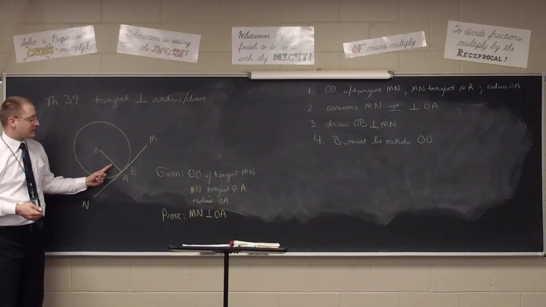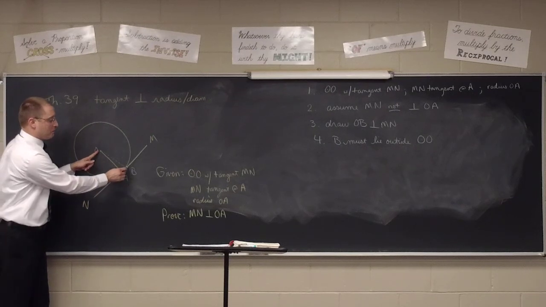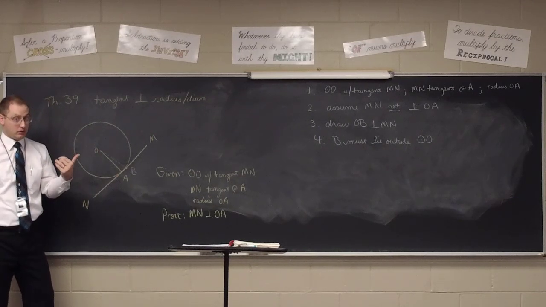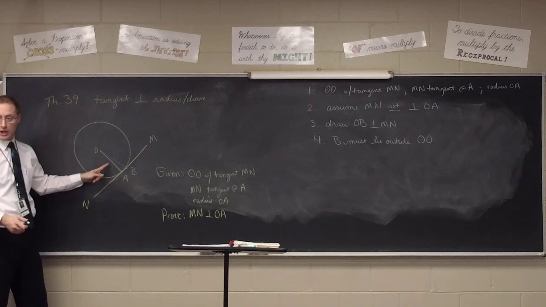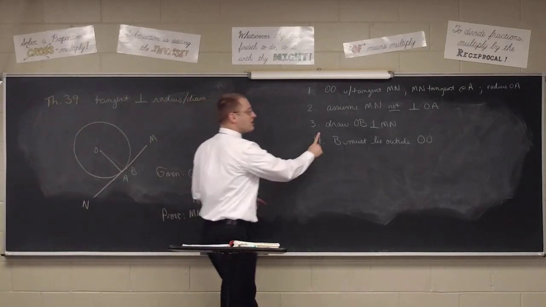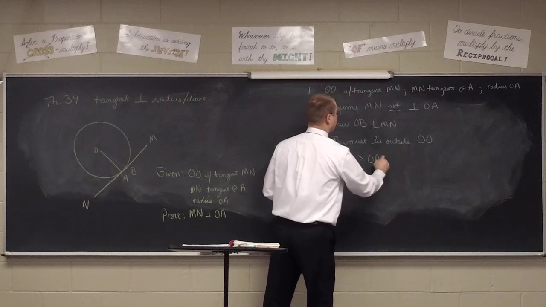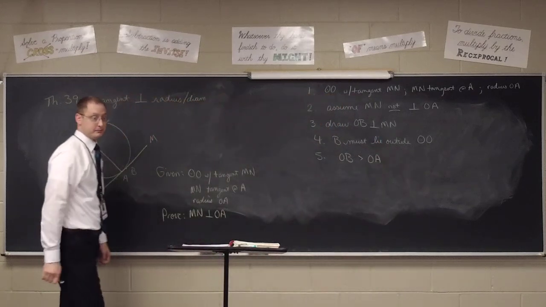OA is a radius. B lies outside. So the distance from O to B, which would be the line OB, has to be greater than OA, correct? Correct. Do we follow the logic there? So OB, then, because B lies outside the circle, OB must be greater than OA.